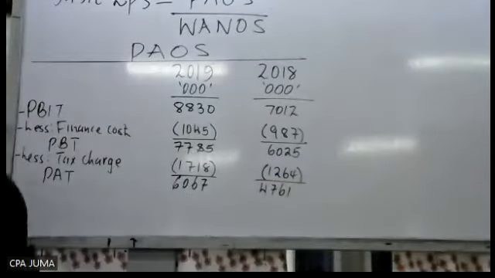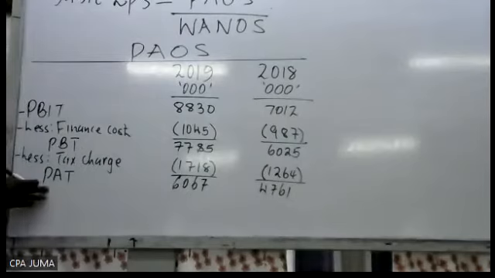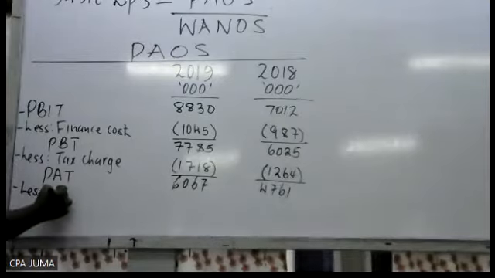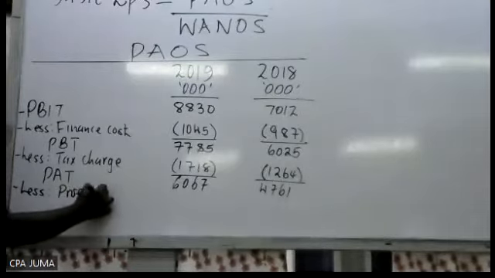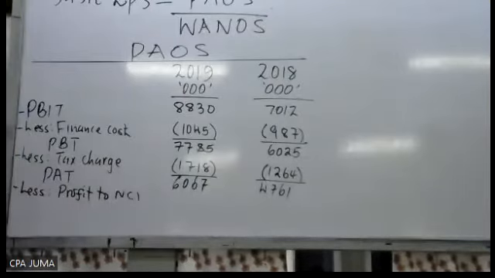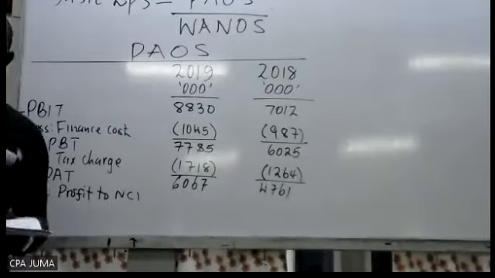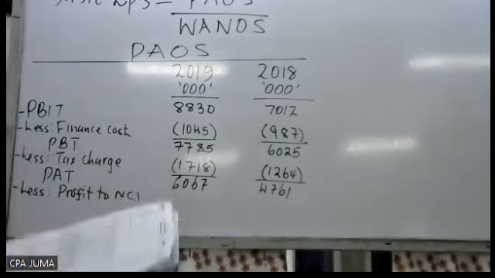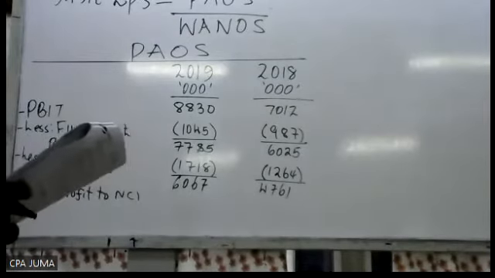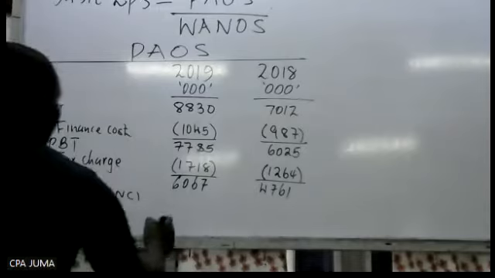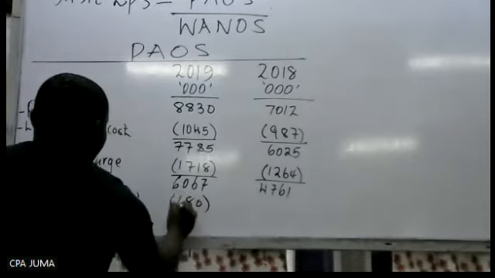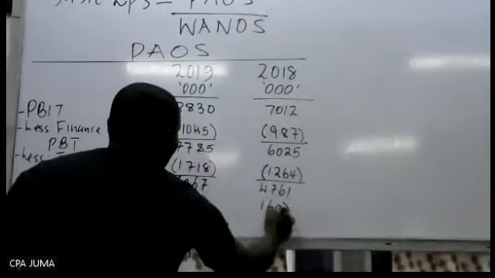After tax, you remember from group that this profit after tax in consolidation we share with NCI and the members of the parent. So first, you pay NCI. Less profit to NCI, which should come first: 180, 160.